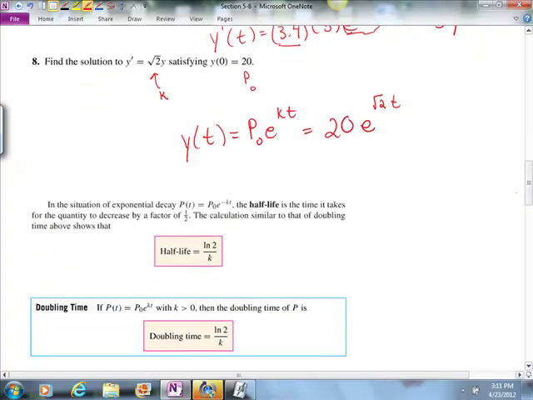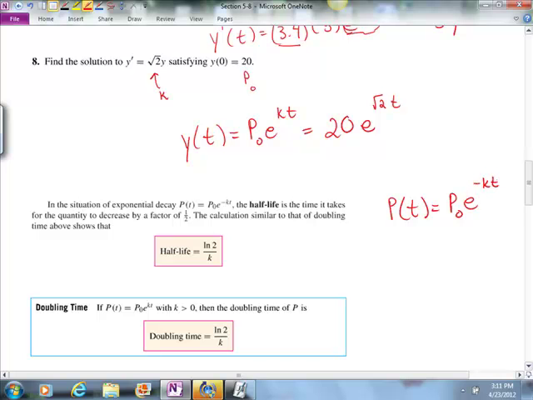Okay, now it turns out that you have these ideas of half-life and doubling time. If you have exponential decay, then you have a negative exponent, and the half-life is the time that it takes for the quantity to decrease by a factor of 1/2. I copied these out of the book out of order, and so they say it's similar to that of doubling time, but let me imagine we have this function p of t is equal to p naught e to the negative kt.